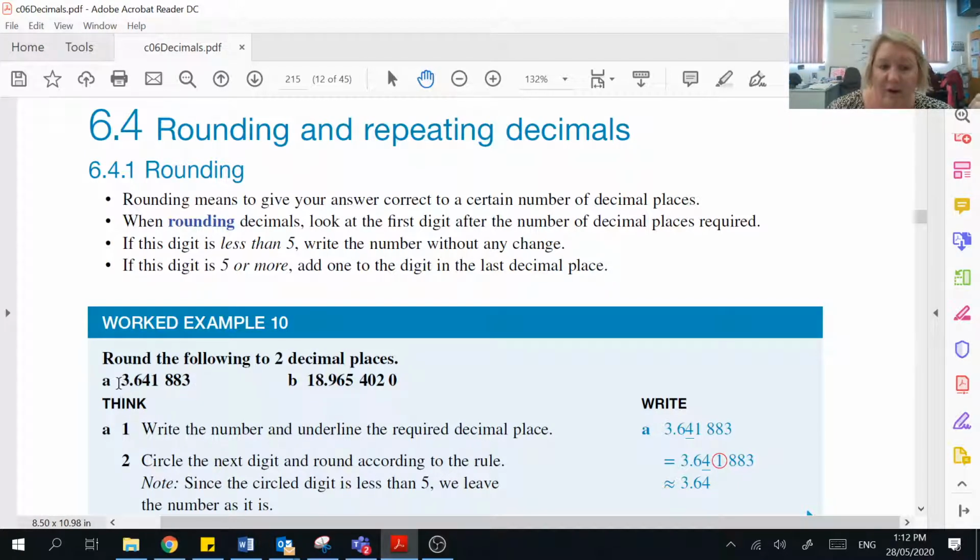If I was only going to 2 decimal places, I look at the number after the 2 numbers after the decimal point, and I see it's a 1. Is it 5 or above? No. So that would stay exactly the same, 3.64. So that first question asks you to round to 2 decimal places, and we just did that first one.